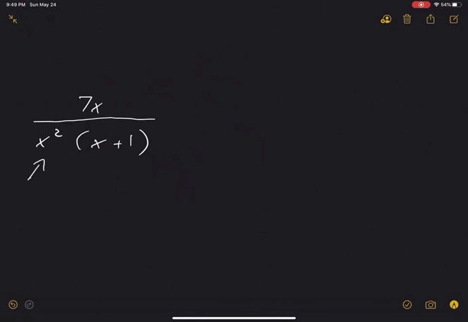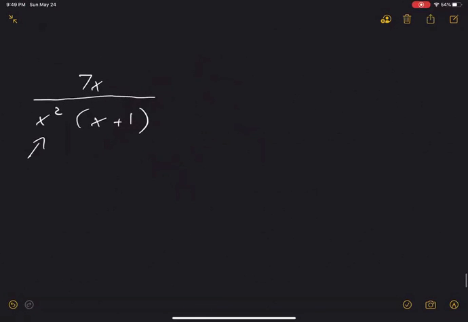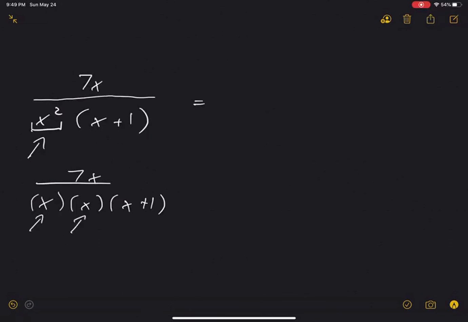Is this an irreducible quadratic, or is it a linear thing that's repeated? I could think of this as an irreducible quadratic, as an x squared, or I could think of it as x times x times (x plus 1). I could think of these individually as linear terms, and then it's a repeated linear case.